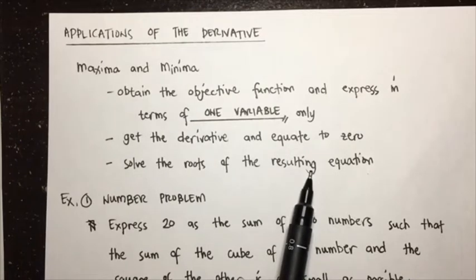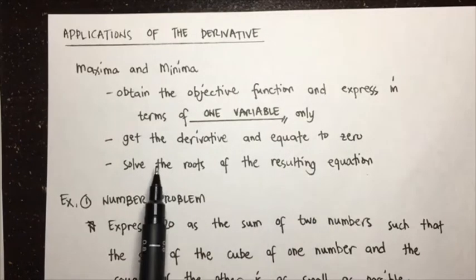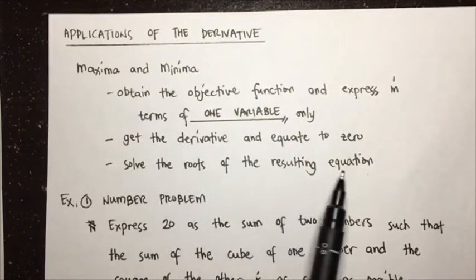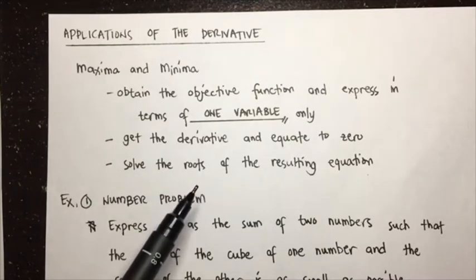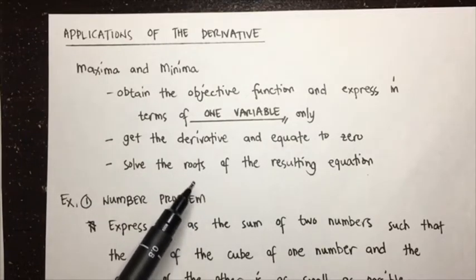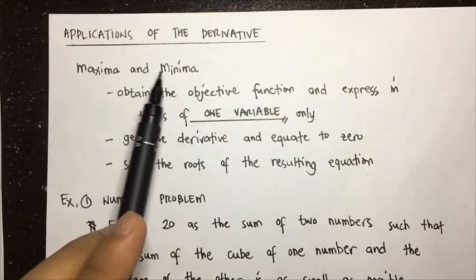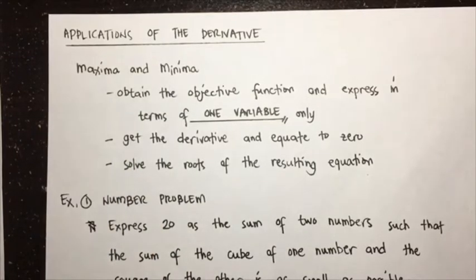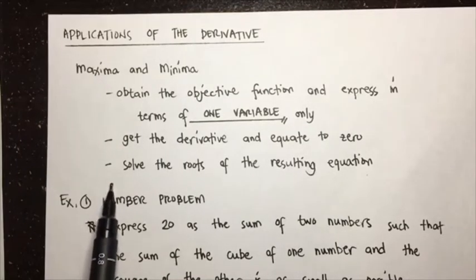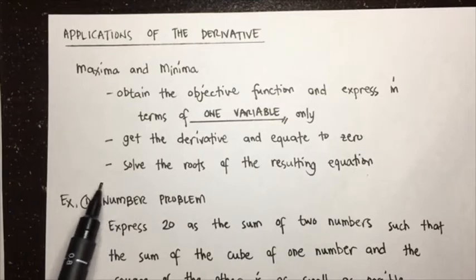Once we have solved the roots of the resulting equation, we use the second derivative test to determine if the root that we have obtained is a maximum or a minimum point.